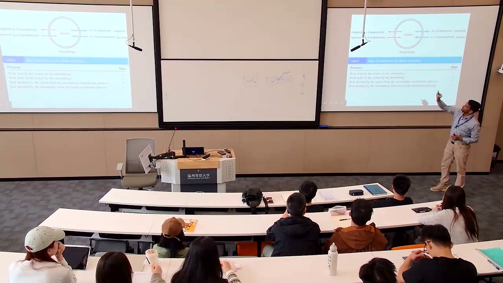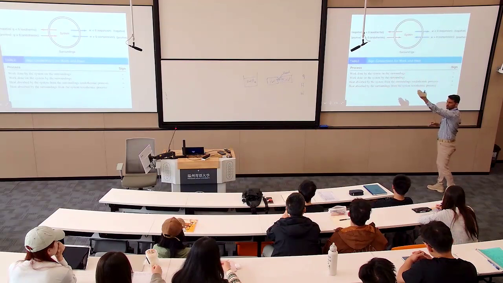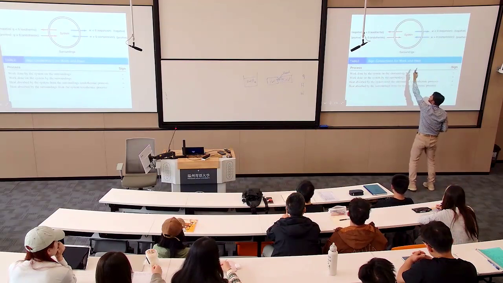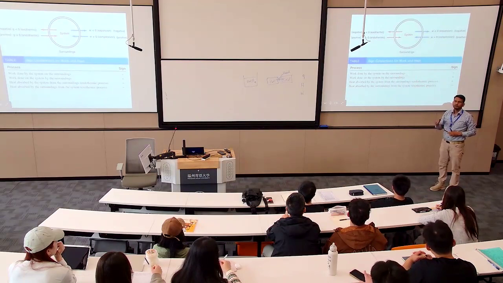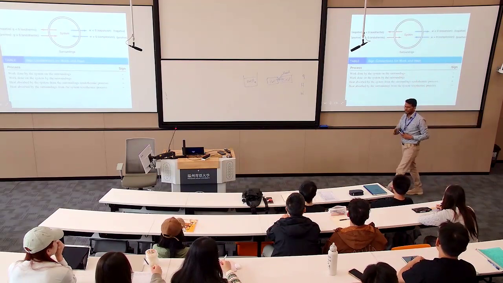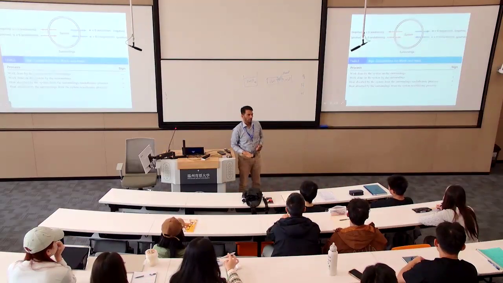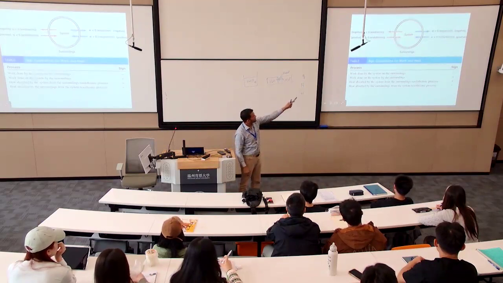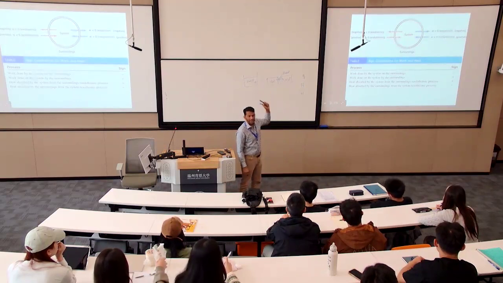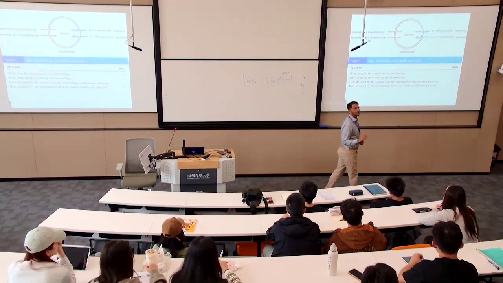For example, if heat moves from surrounding to system, does energy increase or decrease? If heat passes from surrounding to system, what is the sign of that heat? Positive. When heat transfers from surrounding to system, its sign is positive. But when heat moves from system to surrounding, its sign is negative because system energy decreases.